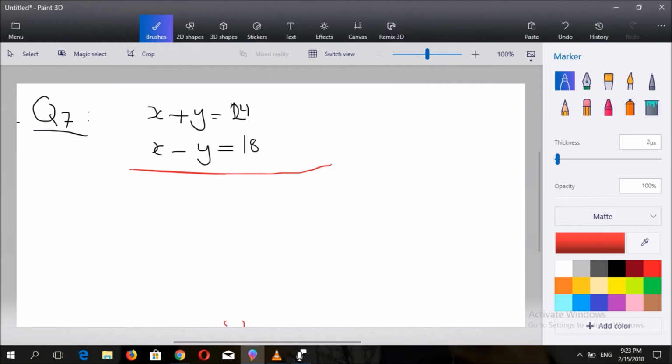So this will give you 8x here. So 8x plus 10 is equal to 1, only 1, because minus 3x plus 3x is equal to 0.